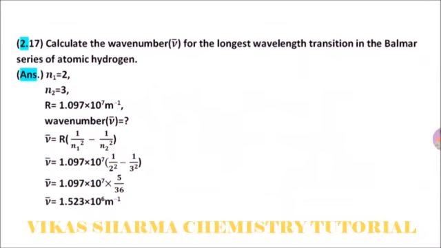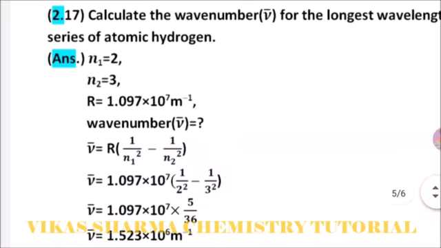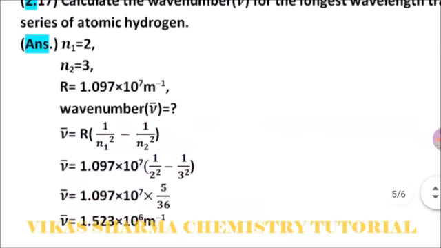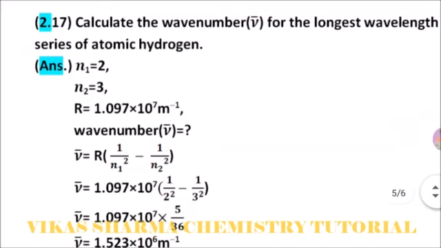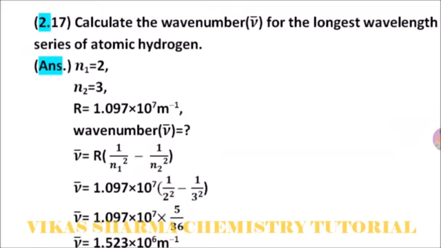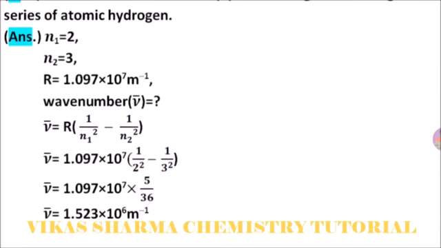The next question: calculate the wave number nu bar for the longest wavelength transition in the Balmer series of atomic hydrogen. In the Balmer series, n1 is equal to 2 and n2 is equal to 3. The R value we know is a constant, 1.097 into 10 to the power 7 per meter.